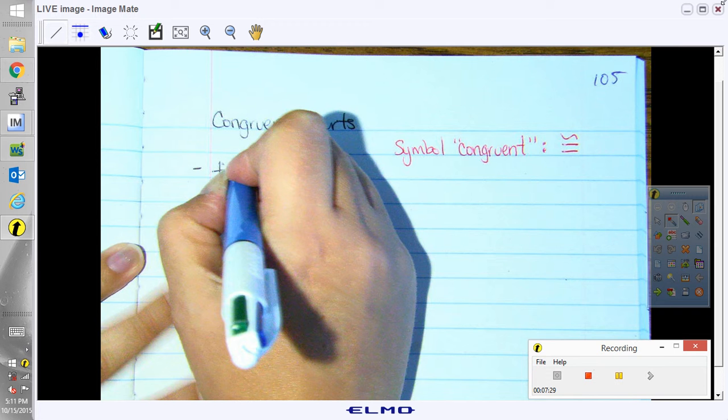Vertical angles are pairs of opposite angles made by 2 intersecting lines. These are always congruent.